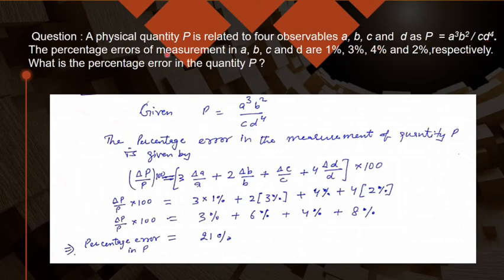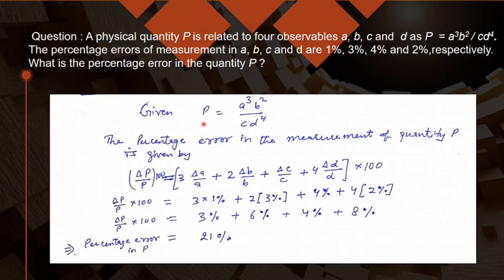They are saying that the percentage errors in the measurements of A, B, C and D are given as 1%, 3%, 4% and 2% respectively. You have to find the percentage error in the quantity P. Of course, P equals A cube B square divided by C D to the power 4.